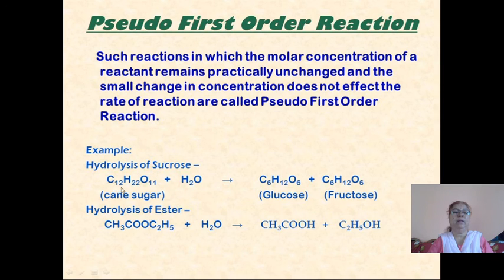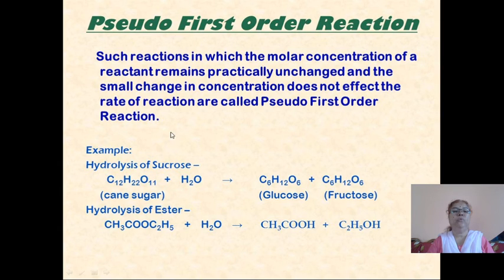For example, the hydrolysis of sucrose, here we get glucose and fructose, then hydrolysis of ester, either methyl or ethyl ester. These hydrolysis of ester and hydrolysis of sucrose are the examples of pseudo first order reactions.